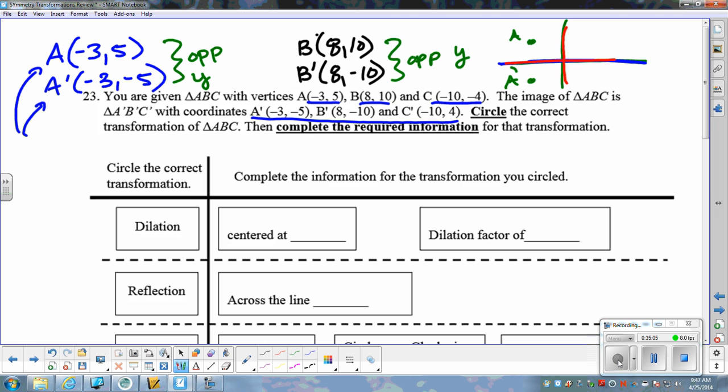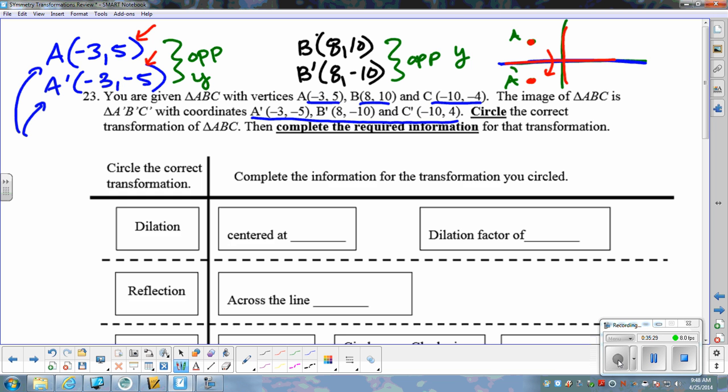So if I take a look here at A, which is approximately at negative 3, 5, figure not drawn to scale, and then I take a look at A prime, which is going to be negative 3, negative 5, I see that it is flipped from the second quadrant to the third quadrant. And I notice if I look at the coordinates that it's the opposite of y.